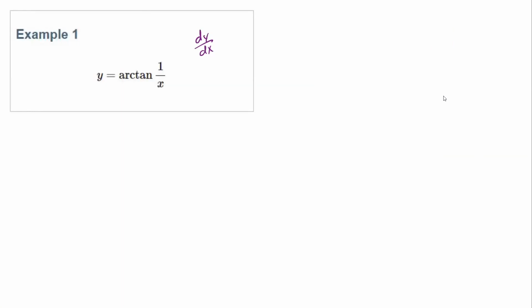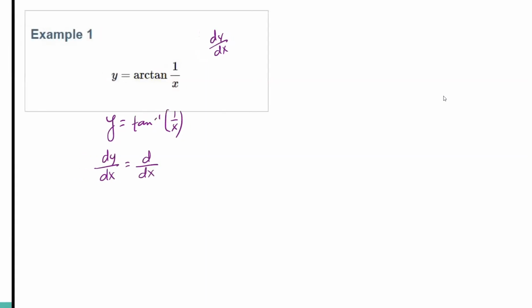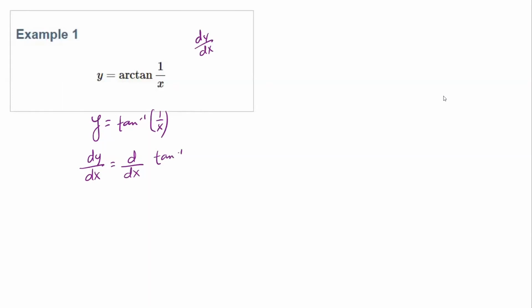So it says y equals arctangent of 1 over x. What is dy over dx? Let's begin one by one. Let's rewrite this as y equals tan inverse of 1 over x, correct? We need to find dy over dx. That would be d over dx of tan inverse of 1 over x.